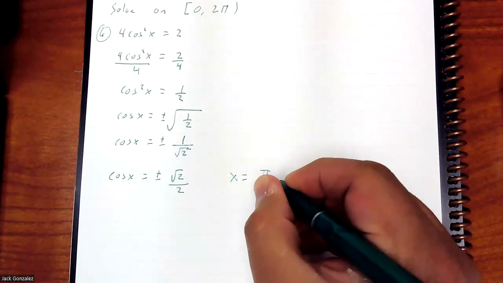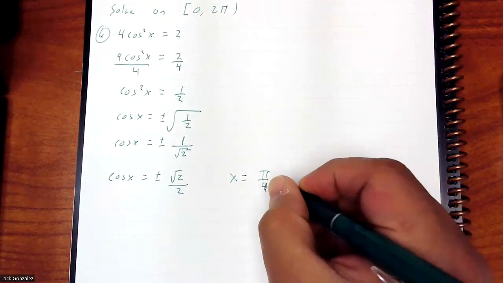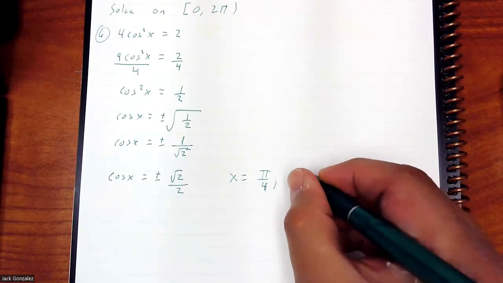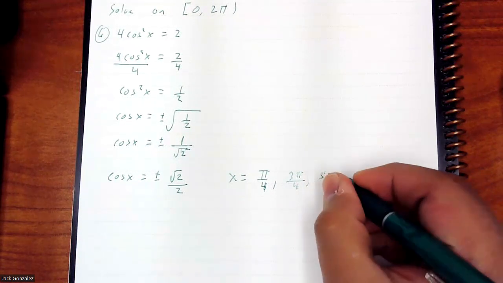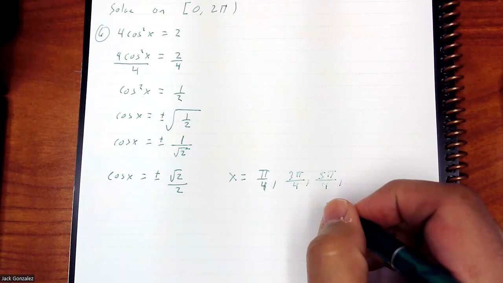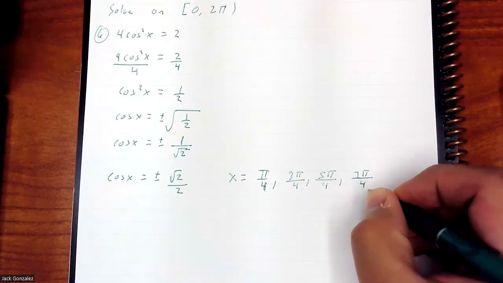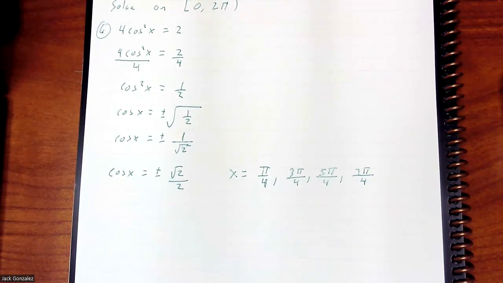So this happens at pi over 4, first one, 3 pi over 4, 5 pi over 4, 7 pi over 4. Just looking at the circle.